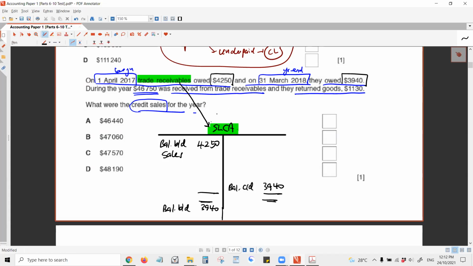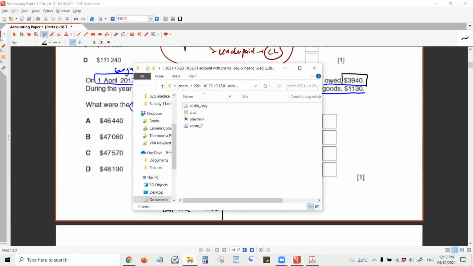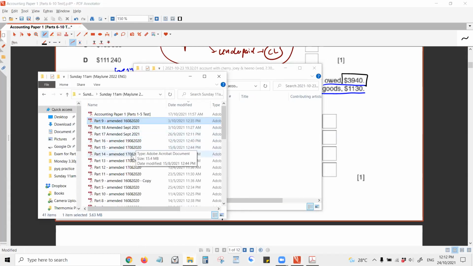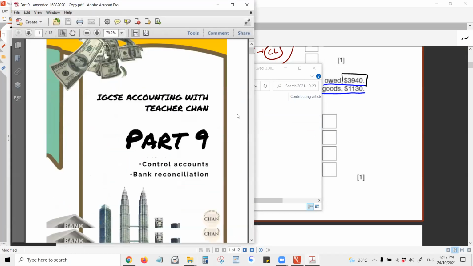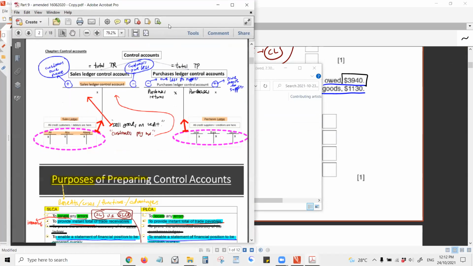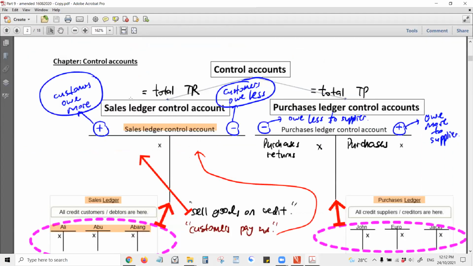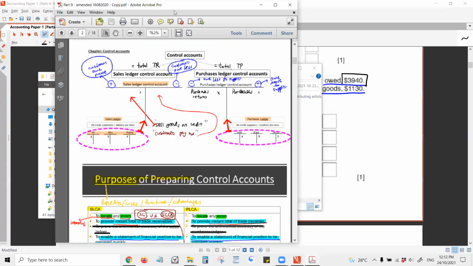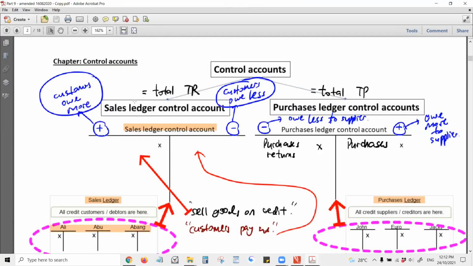Yes, this can be written as trade receivable account. Trade receivable account means the same thing as sales ledger control account. That's what I showed you in the note section in part 9. When you were learning this with me, I told you that this is the total trade receivables account.